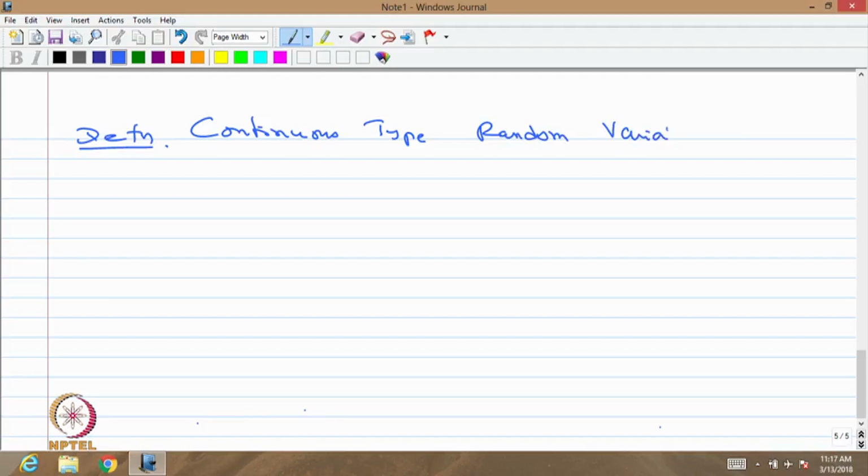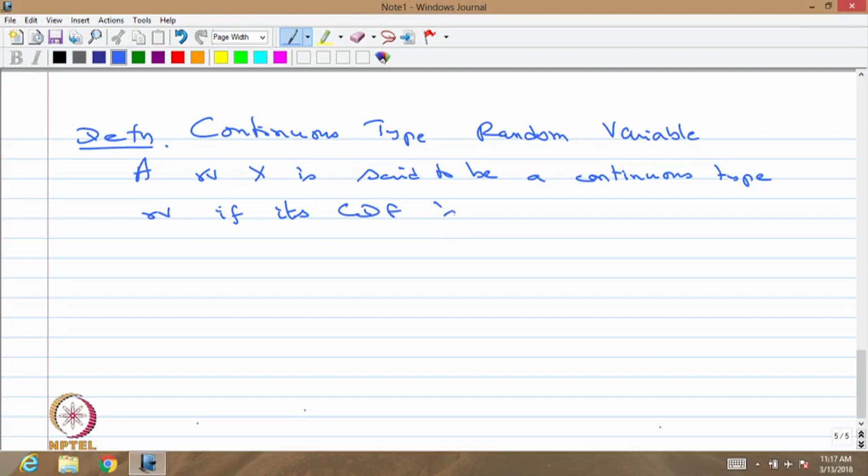When we say the given random variable is of continuous type: a random variable X is said to be a continuous type random variable if its CDF is a continuous function in x.